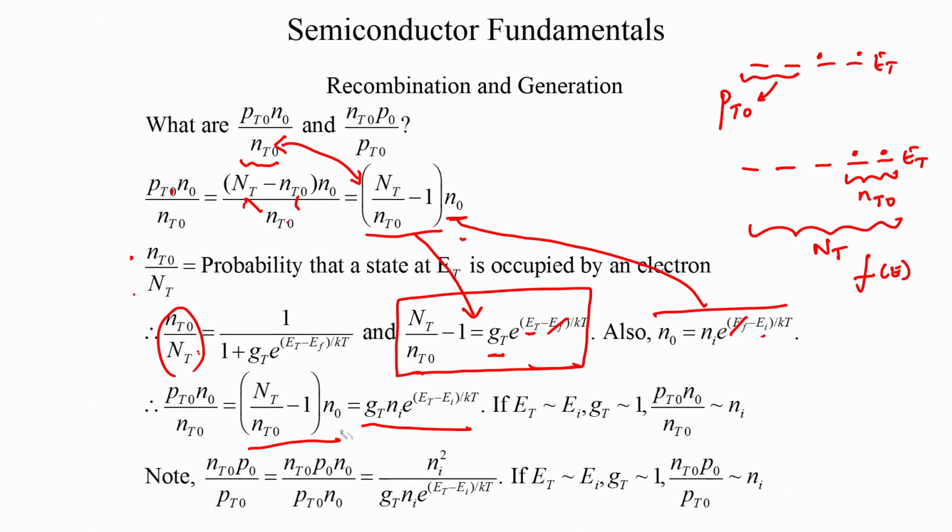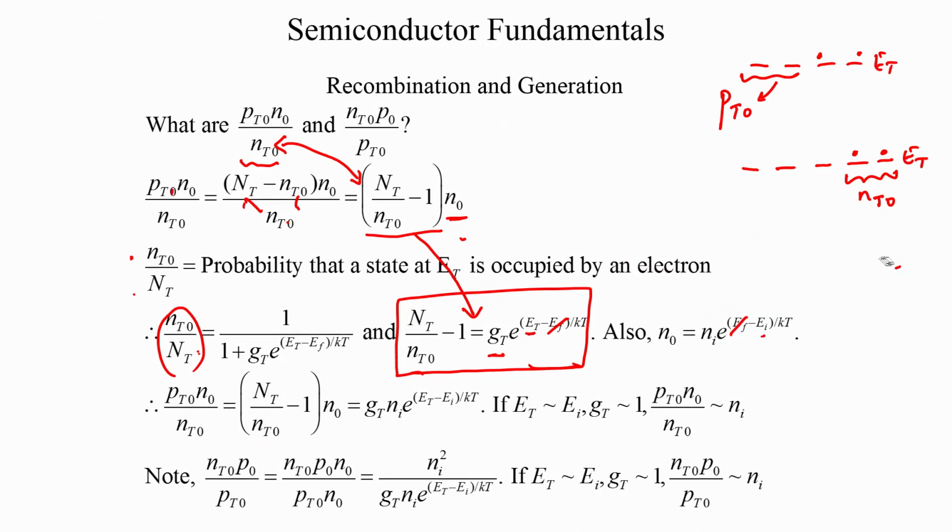Now, if these trap locations are close to mid gap, okay, so we have not said anything about where ET is. So, if that is EC, that is EV, and let us say this is my intrinsic Fermi level position.